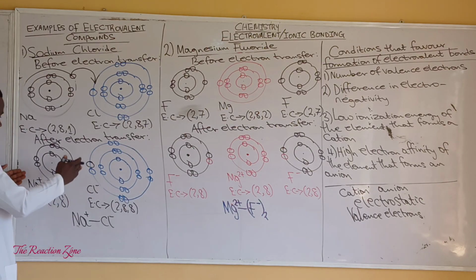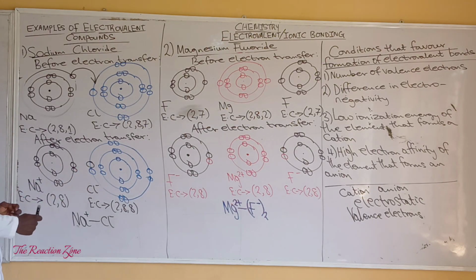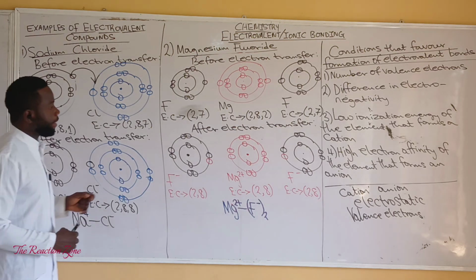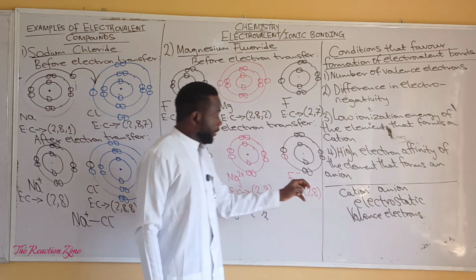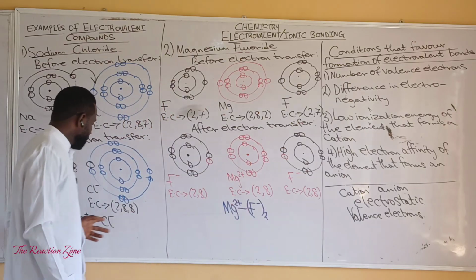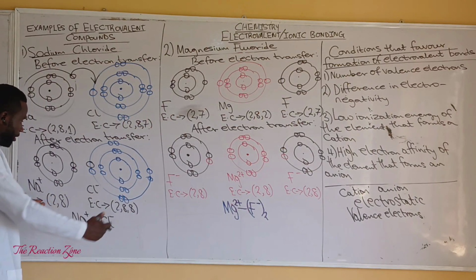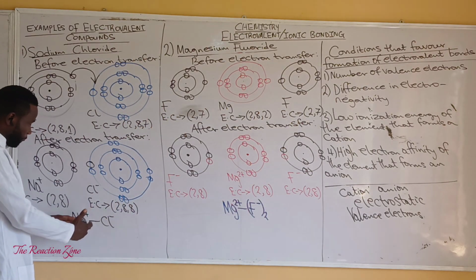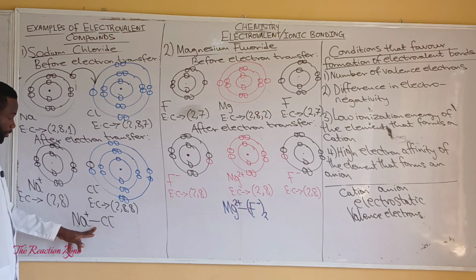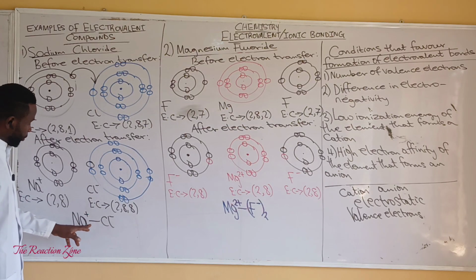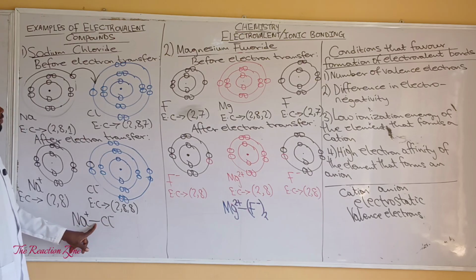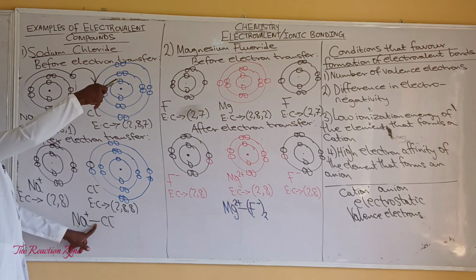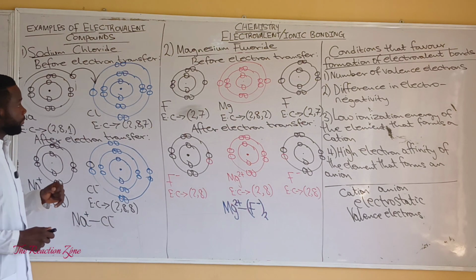The formation of these ions leads to an electrostatic force of attraction between them. This electrostatic force of attraction between these oppositely charged ions brings them close enough and forms a bond between them. The bond between Na+ and Cl-, which is represented by this line here, is electrovalent or ionic bonding.